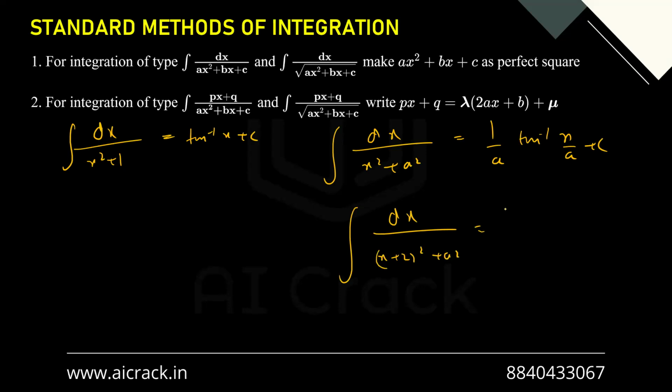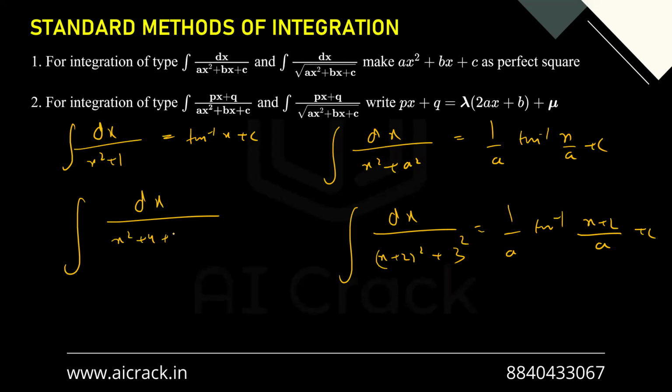Right. Now this becomes 1 by a tan inverse of (x plus 2) by a plus c, based on the third property, right? Now if I open up this one, let's say the a value is 3 over here, right? A square is 3 square, right? So this integral becomes dx upon x square plus 4 plus 4x plus 3, which basically becomes dx upon x square plus 4x plus 7.